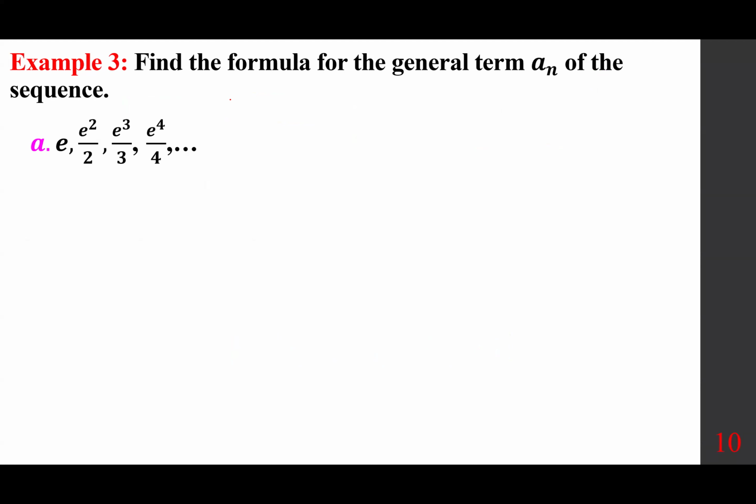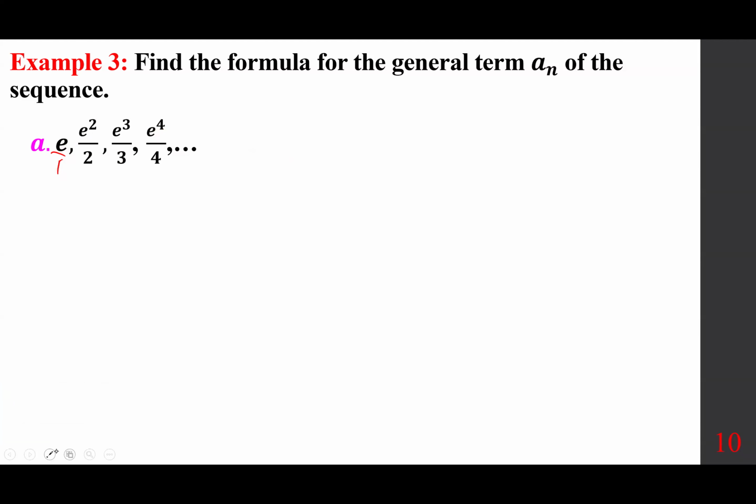Find the formula for the general term A sub n of the sequence here. So what do we notice? We notice this is e, then e squared over 2, e cubed over 3, e to the power 4 over 4. You may realize if you put a 1 here, the denominator is getting larger by 1: 1, 2, 3, 4.